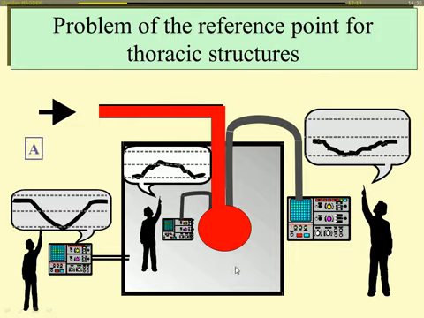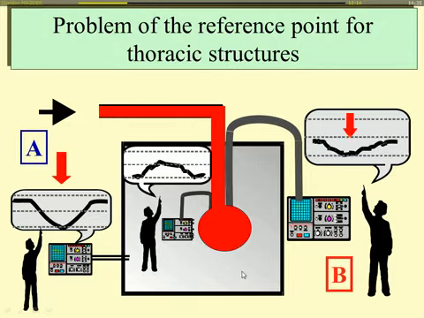So we start off with what happens with the box. We lower the pressure as shown here, and you see there's this fall in pressure. The person at V outside sees the fall in pressure with inspiration. So that could be a fall in right atrial pressure, a fall in pulmonary artery occlusion pressure, and it looks like it goes down. As you think about your pressure-volume relationships, if we have a fall in pressure, that means there should be a fall in volume. So this person says this balloon is getting smaller. But the person inside sees this happen.